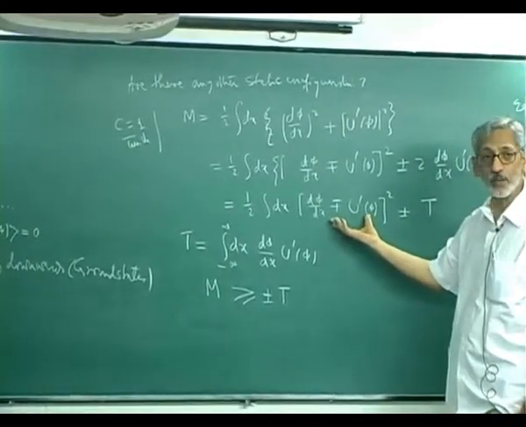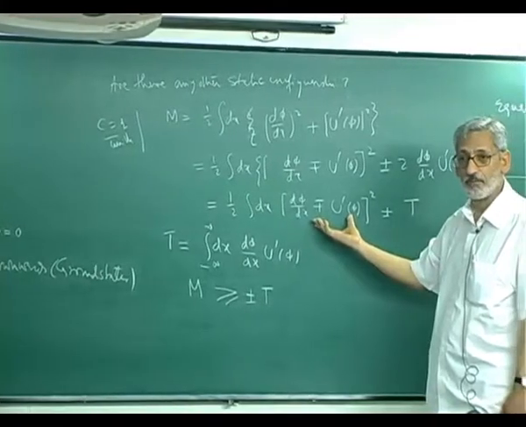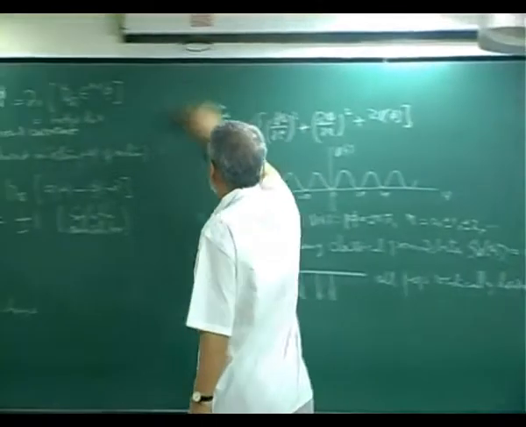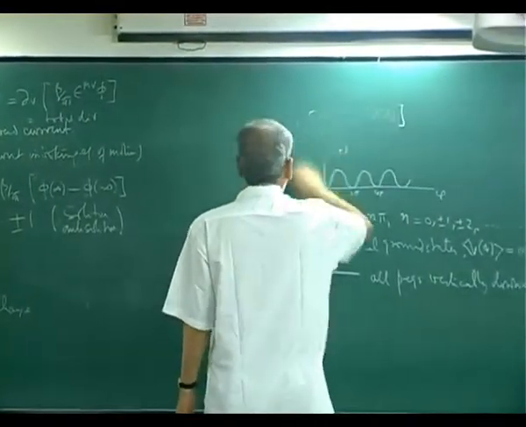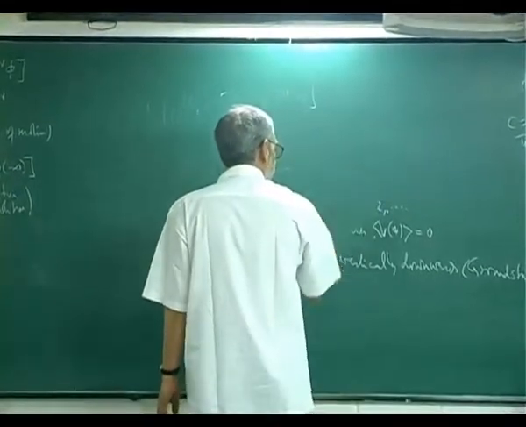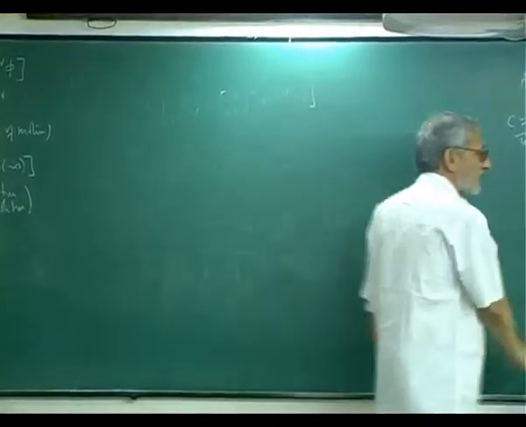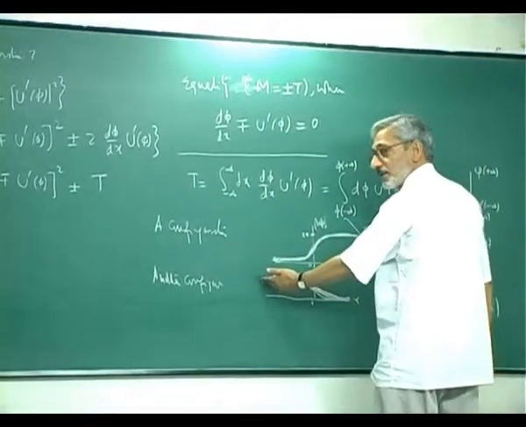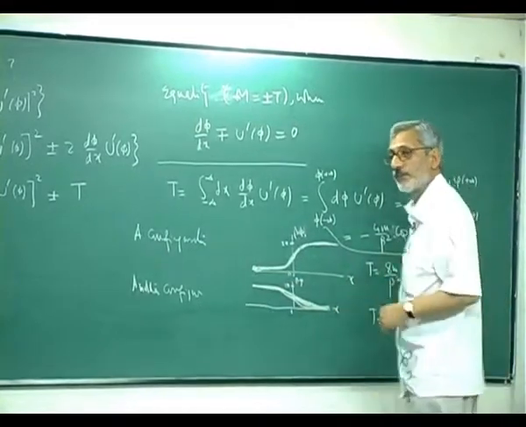So minimum means that this object is 0. So configurations which solve the equations of motion and have this property means that they have the boundary properties that they go to 0 on one side in this curve and 2 pi on the other, and 2 pi on this side and 0 on this.